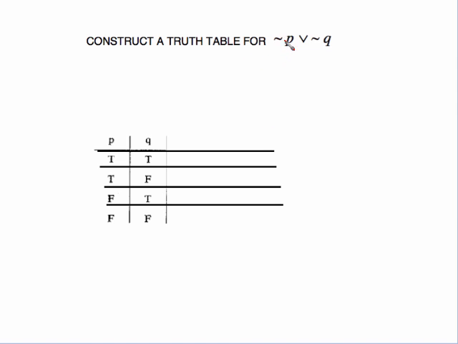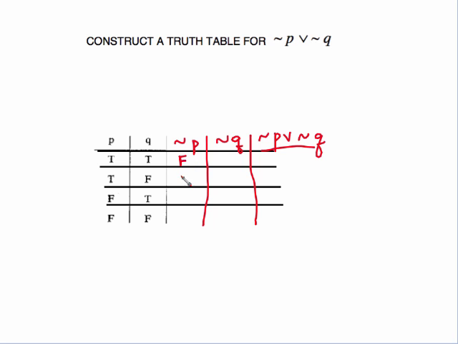Let's make a truth table for not P or not Q, starting with our basic P and Q columns. This one tells me I need to have a separate column for not P, so I'll do that one. I need to have a separate column for not Q. I'll do that one. And then I can do not P or not Q. So if I negate P, that's going to take all of these and flip-flop them.